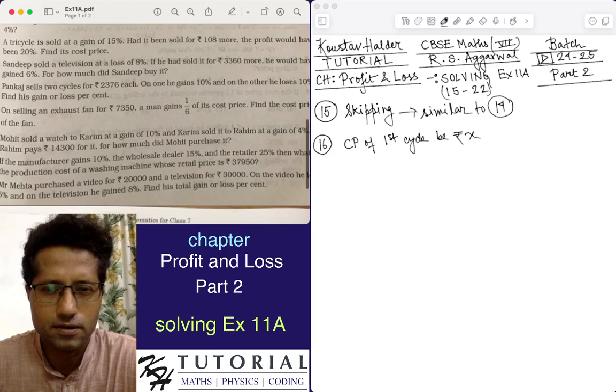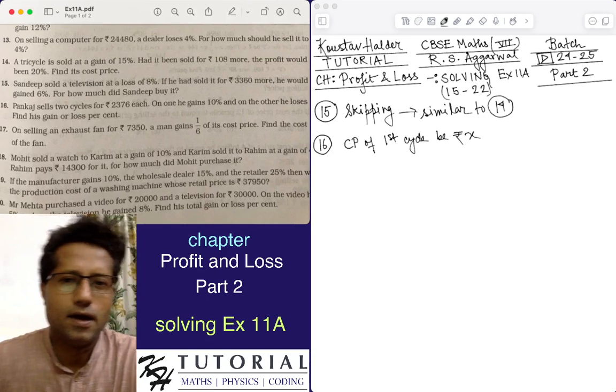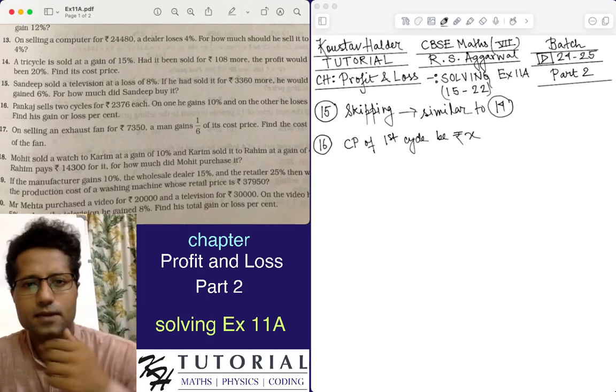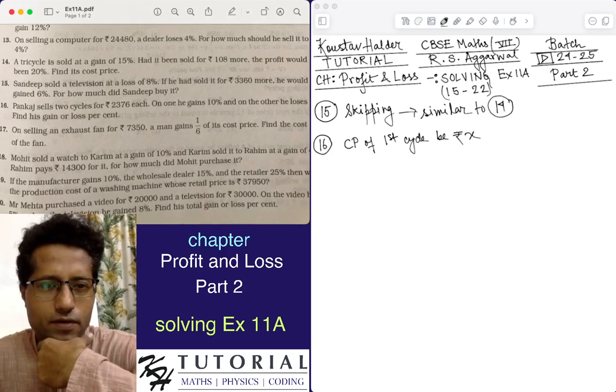This definitely means that the cost price of the 2 cycles is different. And the problem is asking to find his net percent of gain or loss.